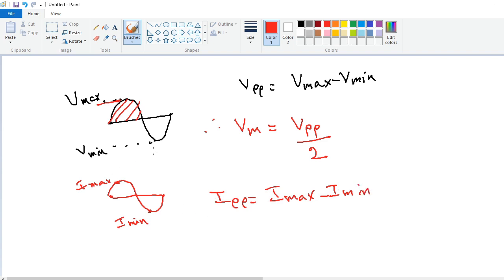But I want Im, only this portion. So this is Im only, not the maximum value. Therefore Im is equal to I peak to peak divided by 2.